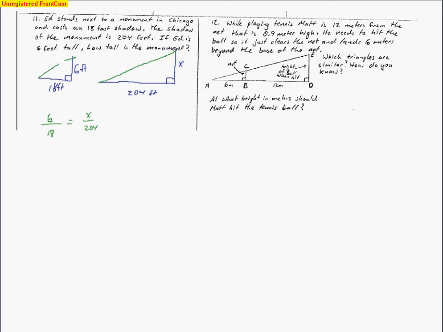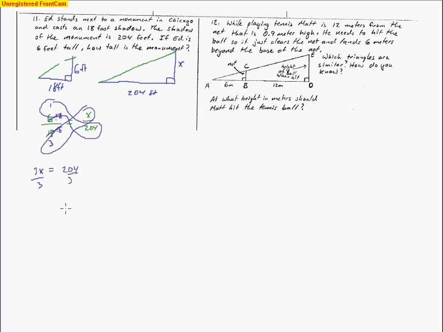And so let's go ahead and solve this. I'm going to first reduce this fraction. I'm going to take out a 6, make the problem a whole lot easier. So this becomes a 3 and this becomes a 1. Then I'll multiply diagonally, so 3 times x, so 3x, and then 1 times 204, so it gives me 204. And then I just divide by 3.